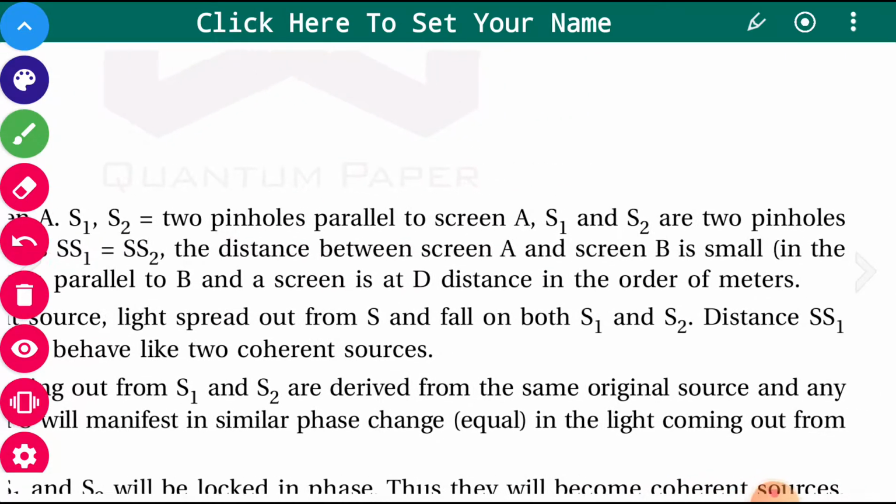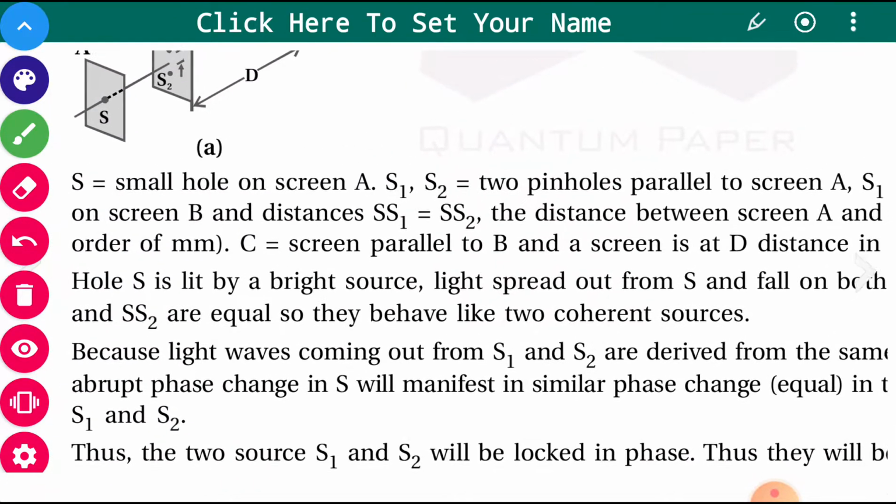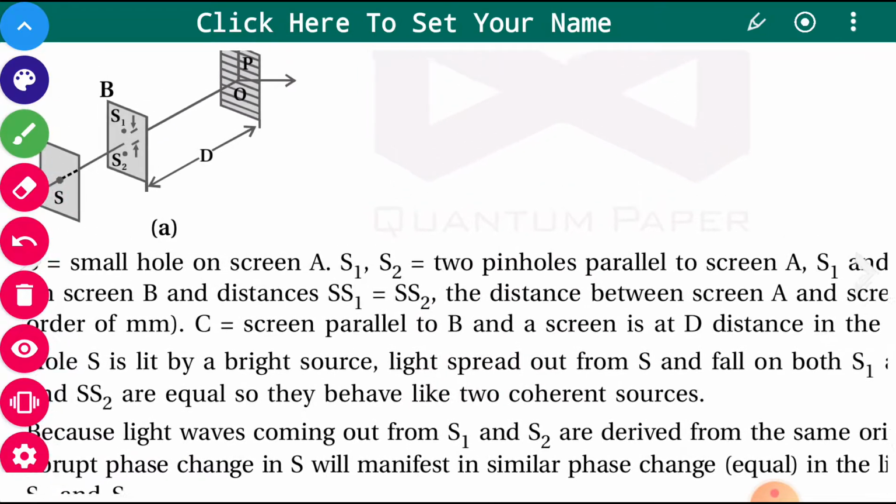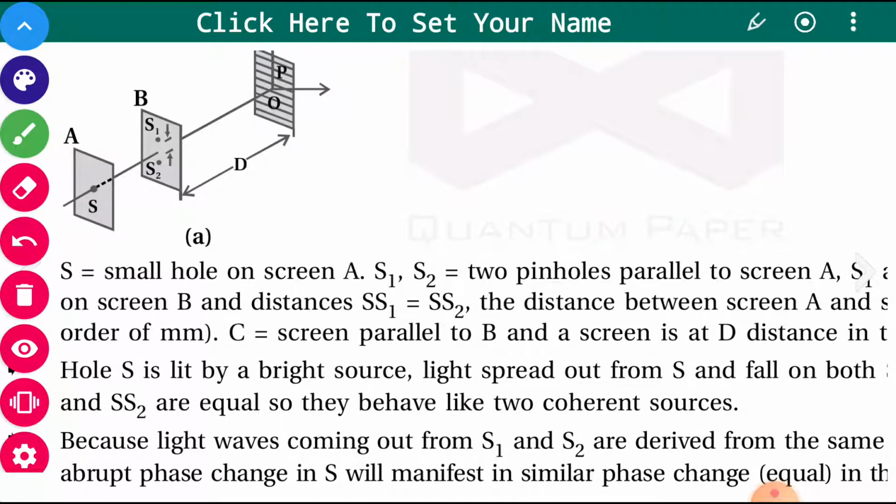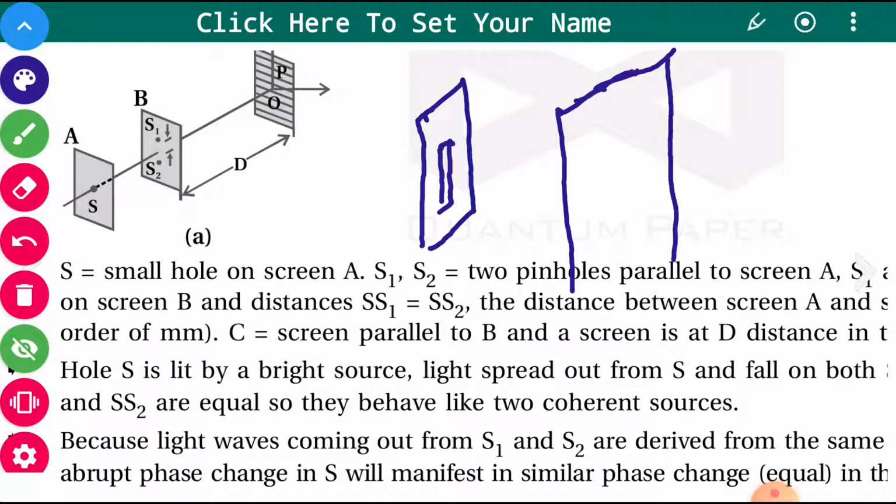S1 and S2 are two pinholes on screen B, and the distances SS1 and SS2 are the same. Try to understand. Say there is this kind of sheet, and you just make a slit in it. Keep another sheet parallel to it, or we can say its plane is parallel. Then there are two pinholes on it.